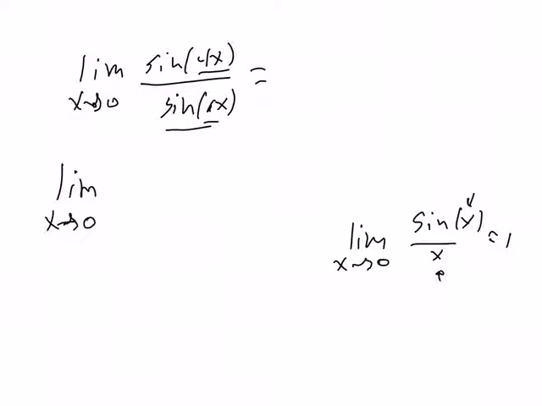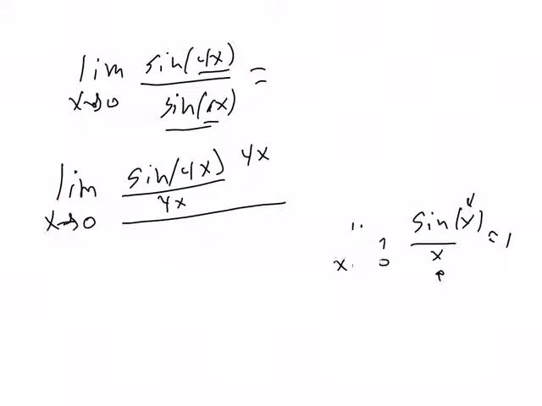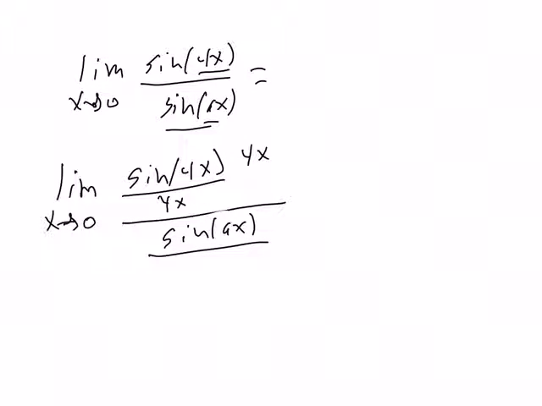So this is the same as the limit of sine 4x over 4x times 4x, divided by sine 6x over 6x times 6x over here, right?